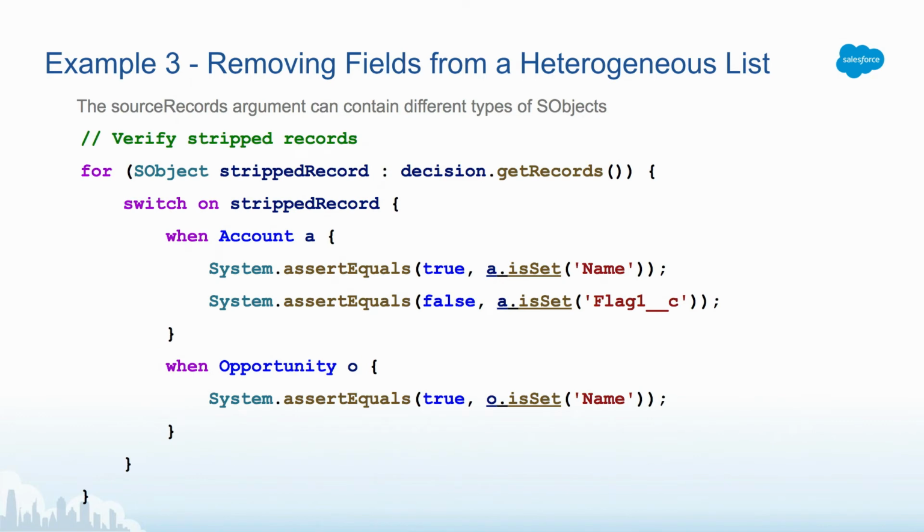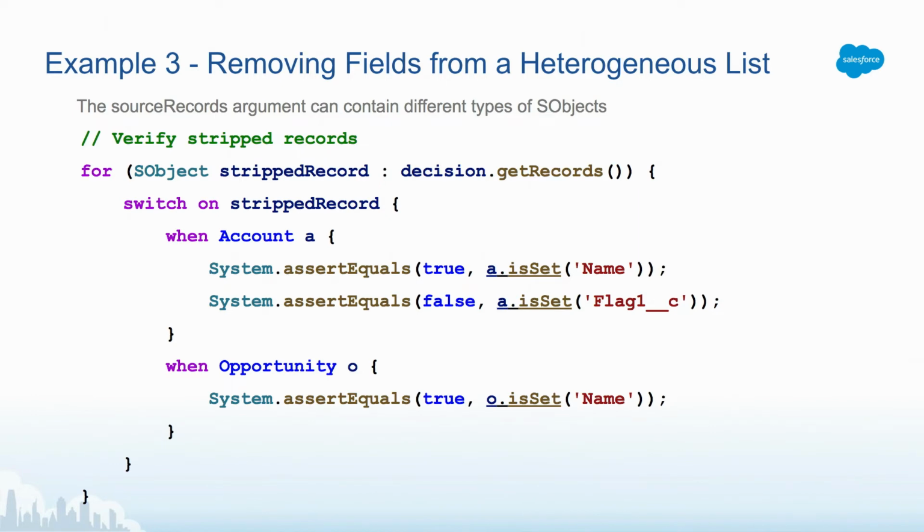And now instead of showing system.debug statements, let's just look at how we might verify this code within Apex itself. So we can loop over the get records output, and we can use the fairly recently introduced, I think maybe coming up on 1 year birthday, switch statement in Apex. We can switch on the stripped record. We switch on the account on the object type, and we treat accounts and opportunities with separate blocks of code.